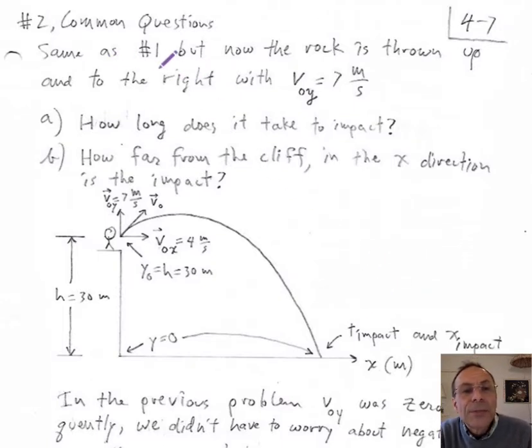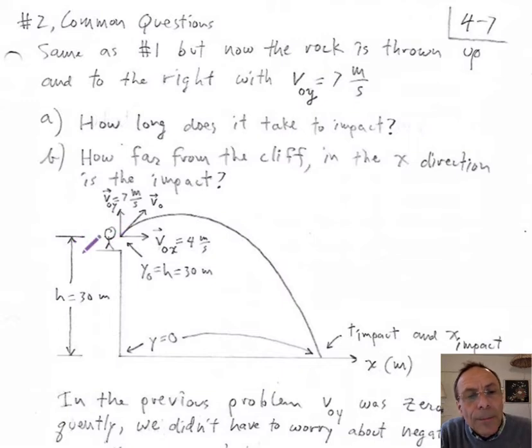So it's the same as the previous question, but now the rock is thrown up and to the right. And the y component of the velocity is 7 meters per second. So our questions are the same as before. How long does it take to hit the ground? And how far will it have gone when it hits the ground? How far in the x direction will it have gone?